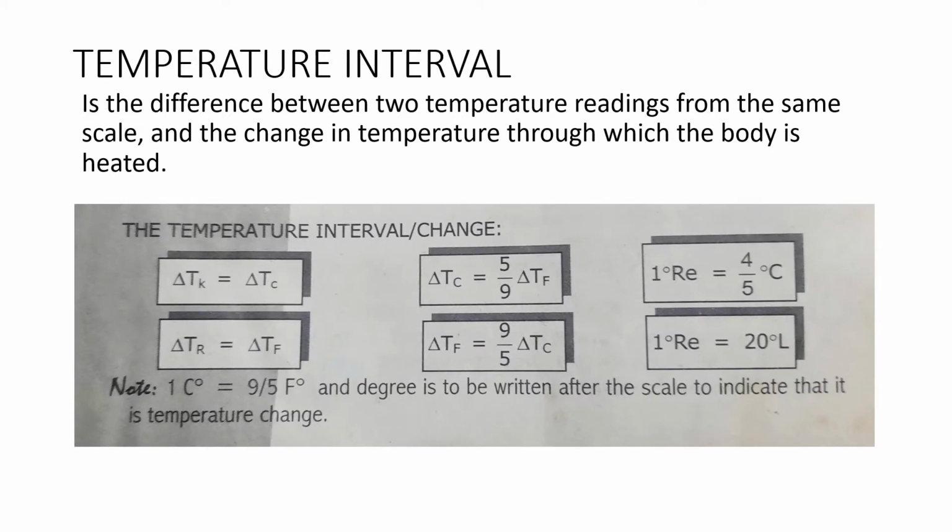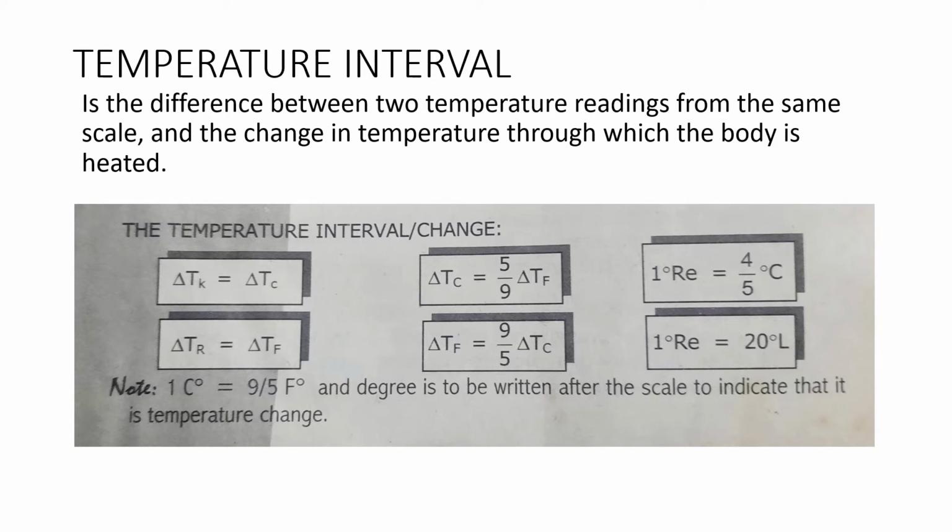We have temperature interval, which is the difference between two temperature readings from the same scale, and the change in temperature through which the body is heated. The formula for temperature interval or change: change in temperature in Kelvin is equal to change in temperature in degree Celsius.